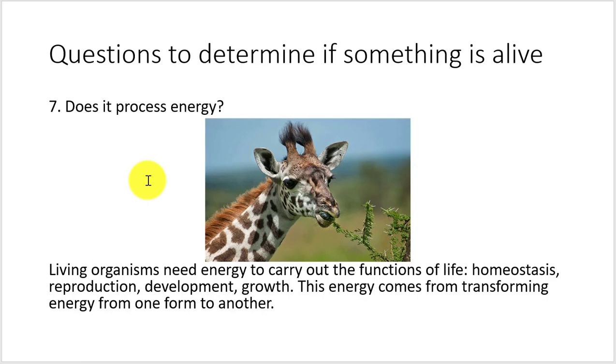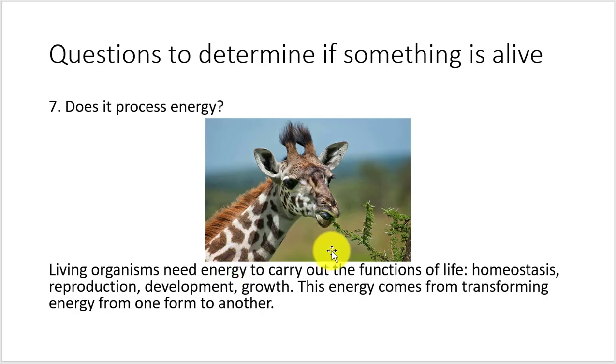This energy comes from transforming energy from one form to another. Like this giraffe is eating this plant. It's going to take the stored energy in the chemical bonds that make up the molecules of that plant, break down those chemical bonds, and get energy from that. It's basically what we do when we eat.